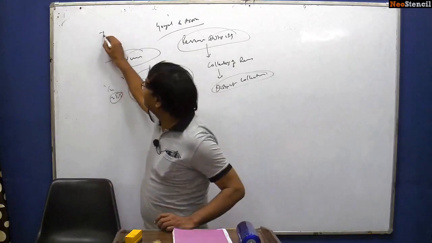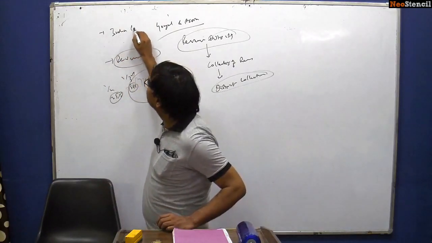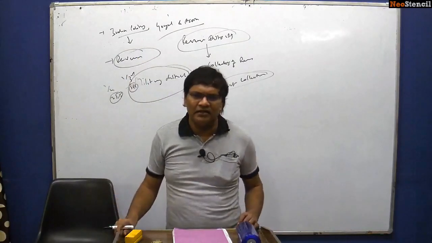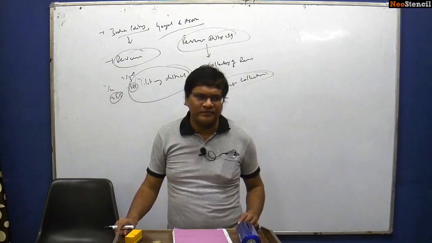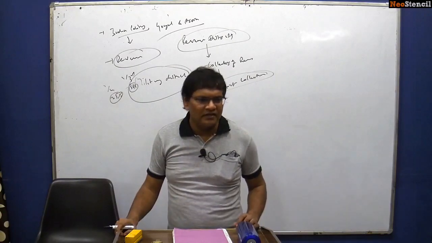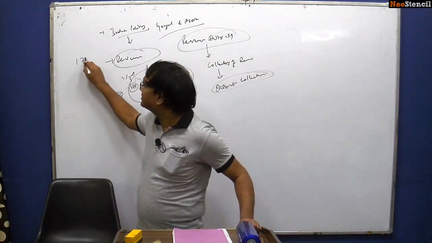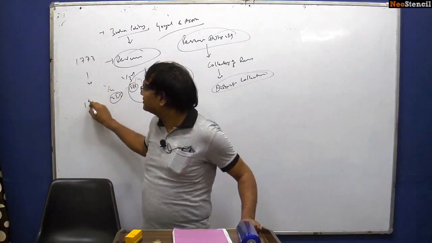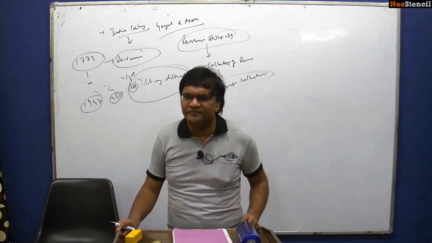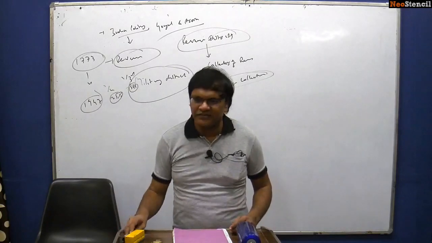You can also study Lakshmikant's Indian Polity. In Lakshmikant, the initial topics about the evolution of British rule in India talk about all these acts from 1773 to 1947. All these acts you have to study. So tomorrow we will discuss the rest of the things.